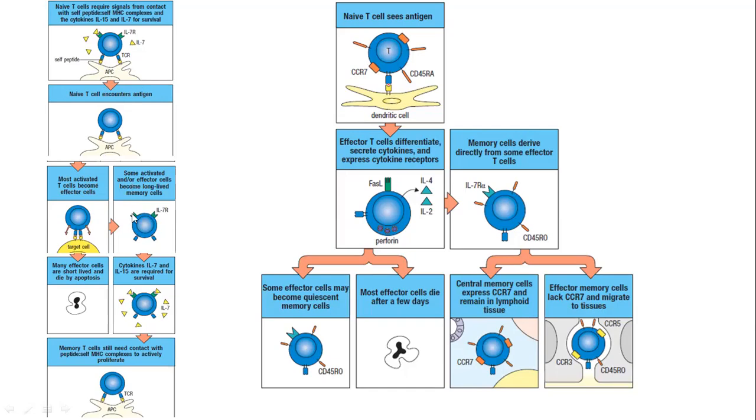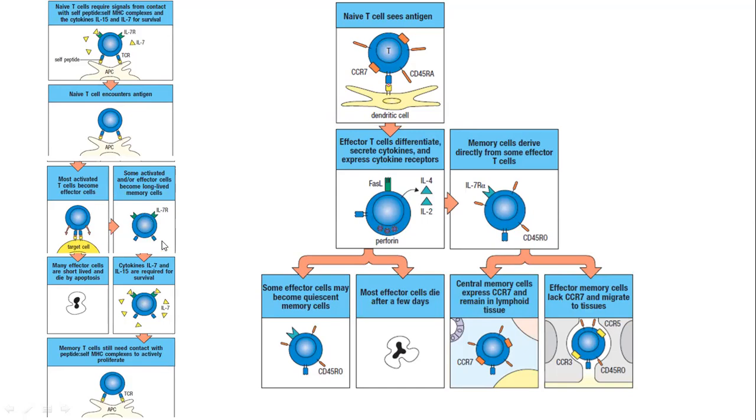Usually the memory T cells have a unique increased expression of the interleukin-7 receptor. When we talk of the effector cells, many effector cells are short-lived and will die by apoptosis if they are not engaged within the immune system within a short time.